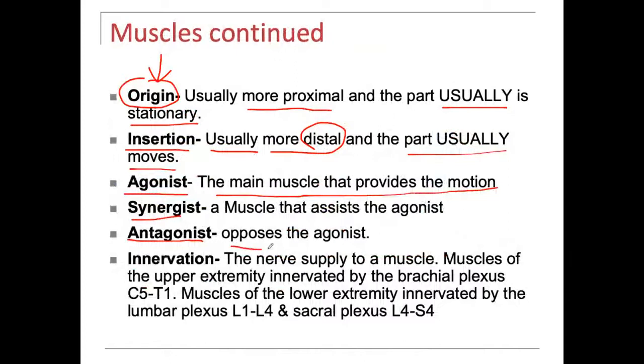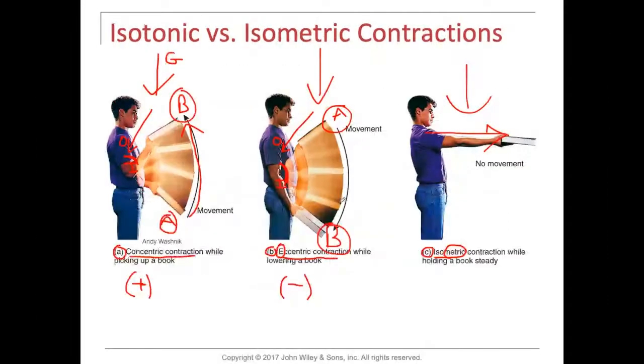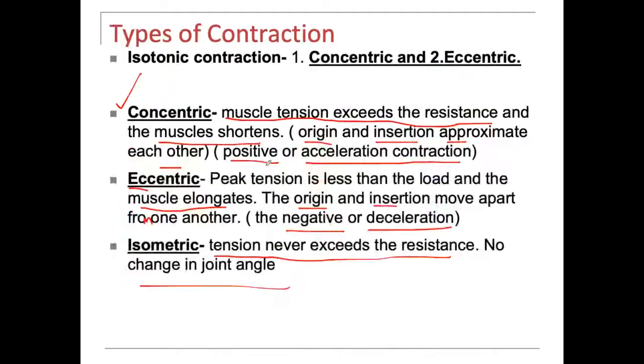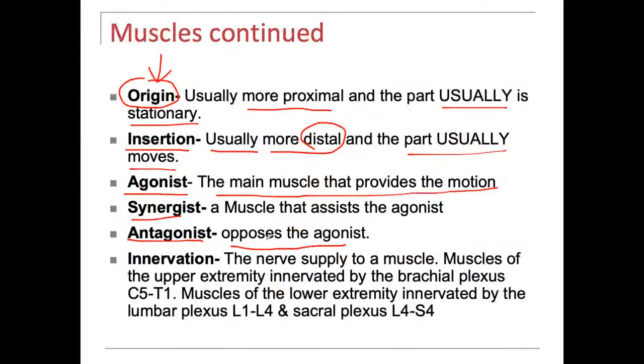Well, the antagonist is going to oppose the agonist, and they are typically on opposite sides of the body. So what's on the opposite side of the biceps? The muscle back here, the triceps. They're antagonistic to one another. So if it's opposing the agonist, that's an antagonist.